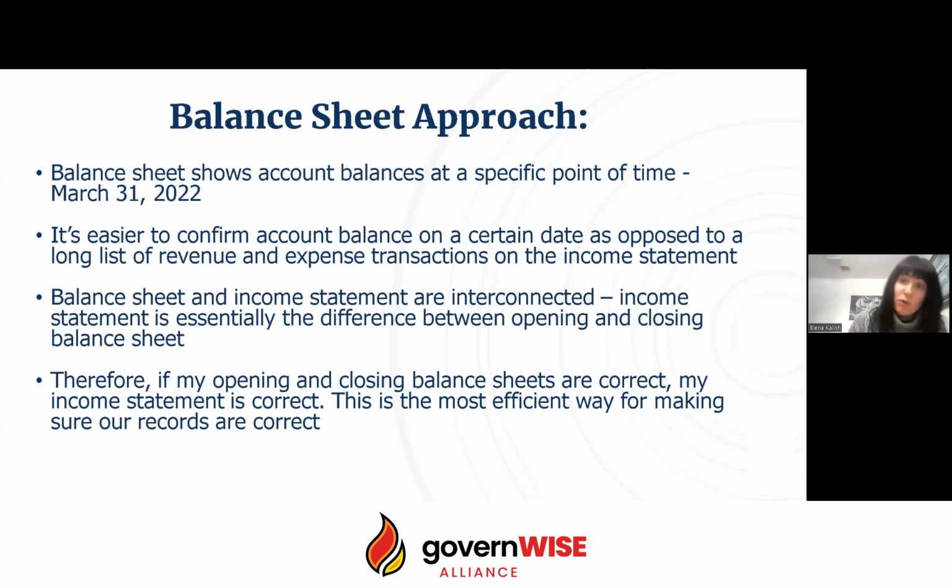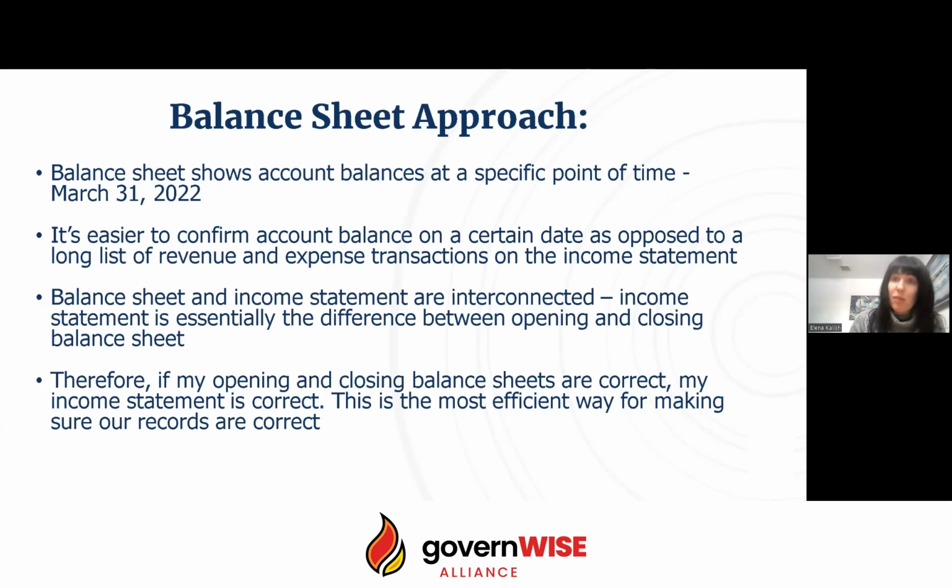Now, as opposed to this, the balance sheet shows balances on a certain date. So say I have cash in the bank, that would be the balance as of March 31st, 2022. And to confirm that balance is actually quite easy. To confirm the balance of cash in the bank, all I have to do is do a bank reconciliation, right?